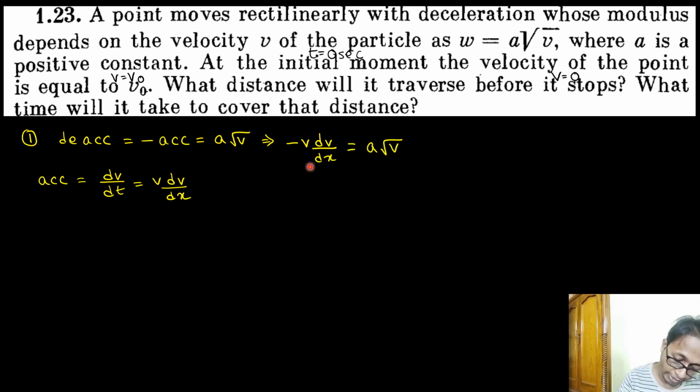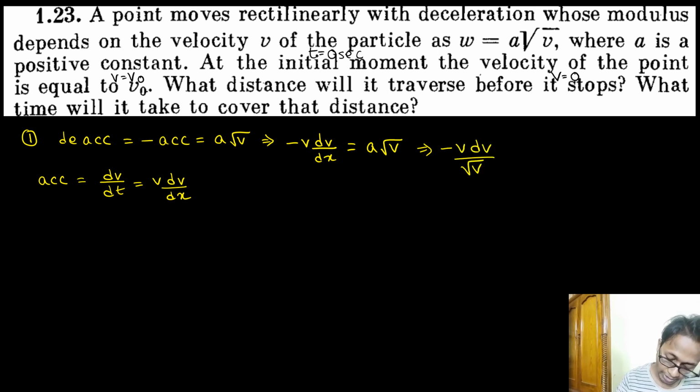Why? Because this is deceleration, the negative of acceleration, where acceleration is equal to v dv by dx. So here, can I simply write minus v dv by root v?